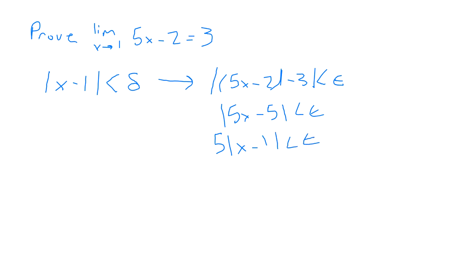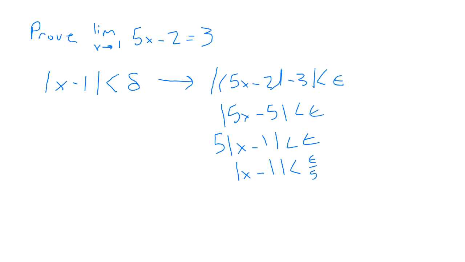If we take a look at this, we can see that this brings us right back to this. So we can move that 5 over, so that the absolute value of x minus 1 is less than epsilon over 5.